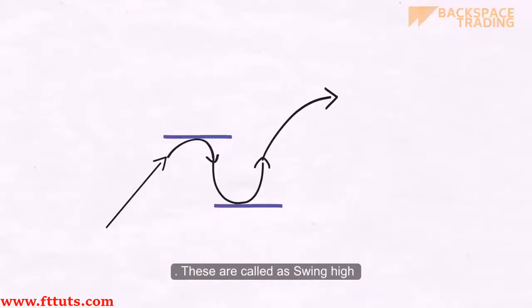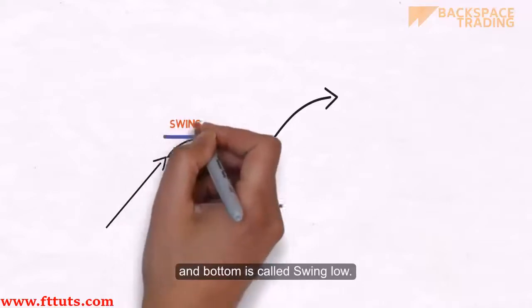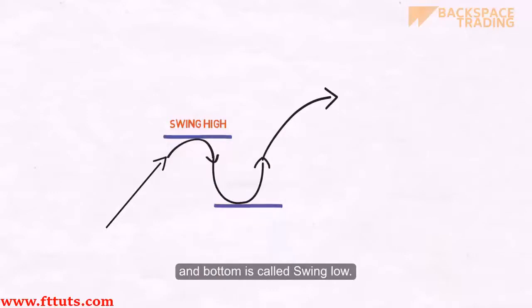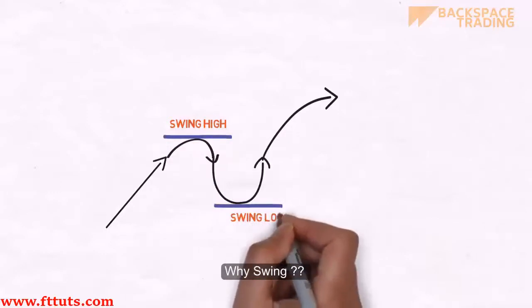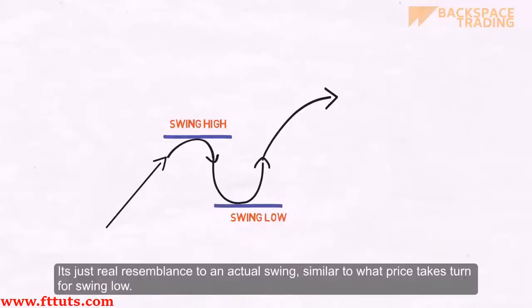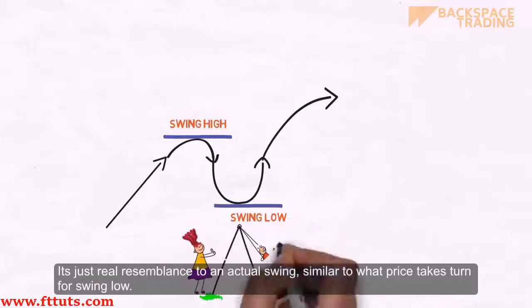These are called swing high, and the bottom area is called swing low. Why swing? It's just a resemblance to an actual swing, similar to how price takes a turn for a swing low.